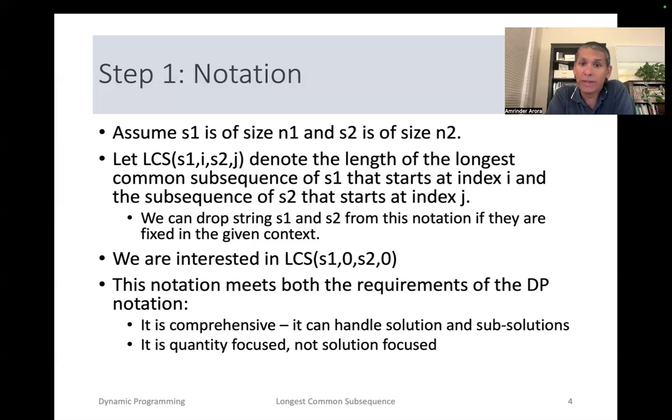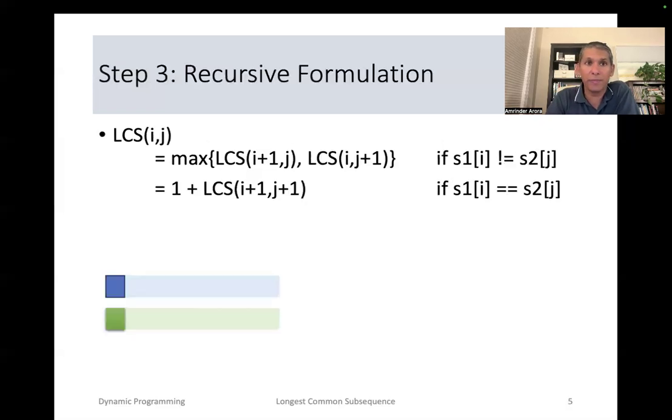So this notation meets the two requirements of the dynamic programming notation that we have discussed in the past: it's comprehensive, it can handle solution and subsolutions, and it's quantity focused, not necessarily solution focused, even though the question might have been posed to us as, what is the common subsequence? We're just focusing on the length of the common subsequence here, assuming that we can always reconstruct the actual subsequence, as we'll discuss a little bit later as well.